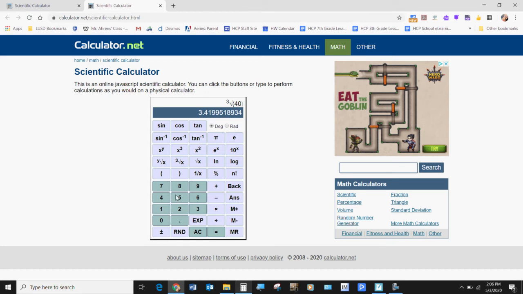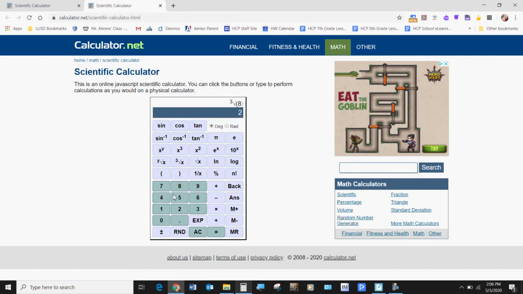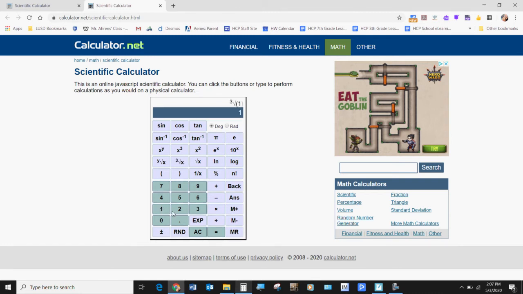Let's just check to make sure that this works entirely. Let's clear that. Let's take the cube root of 8, and that was 2. That's what we said before. What was the cube root of 125? Was that 5? Yes, it is.